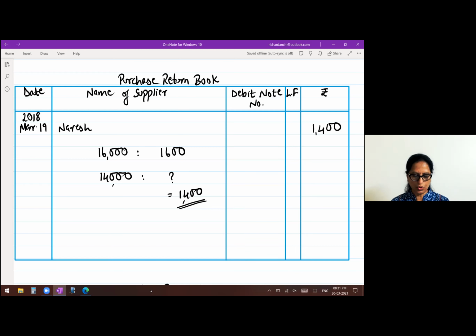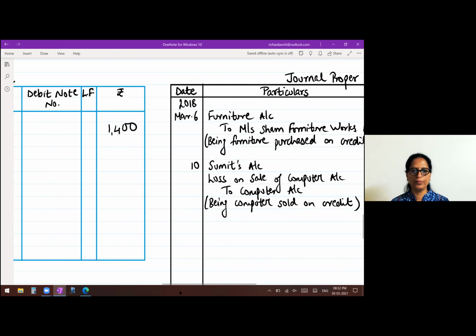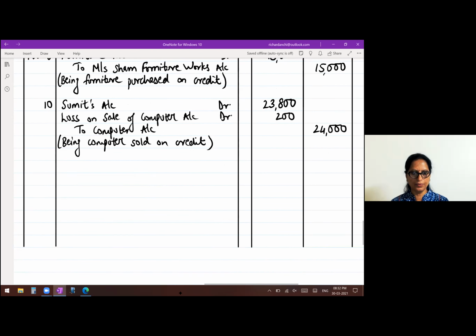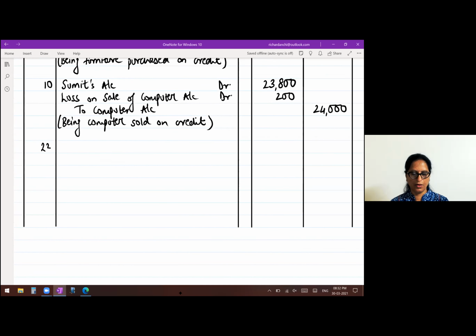23rd. Sold to Rakesh for rupees 4,500 old furniture with a book value of rupees 4,800. Again, furniture asset sold on credit. So journal proper. Write the date 23rd. Now you're selling to Rakesh, he is the receiver.